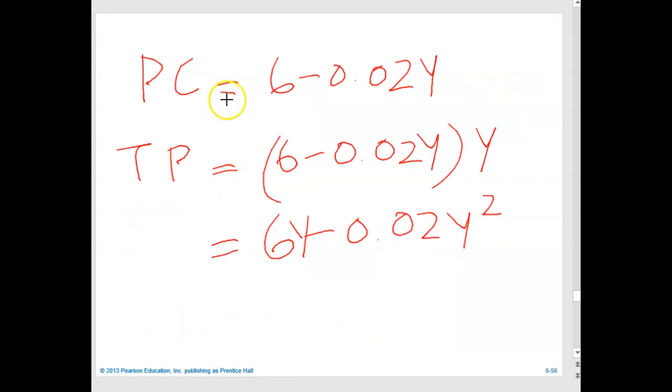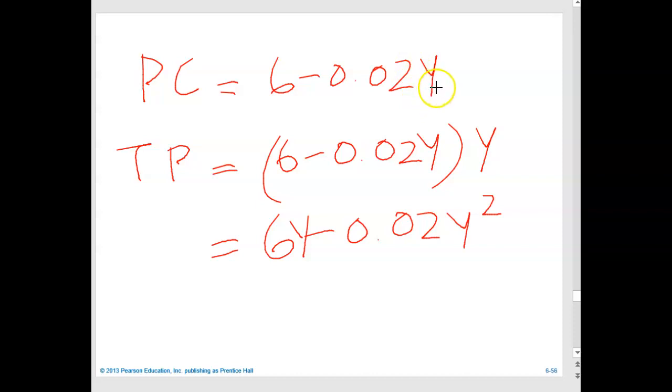So if my profit contribution changes from $6 to 6 minus 0.02y, that means for every additional unit of y that I produce, my profit contribution goes down by 0.02. So if I produce 1 unit of y, my profit contribution is 5.98.